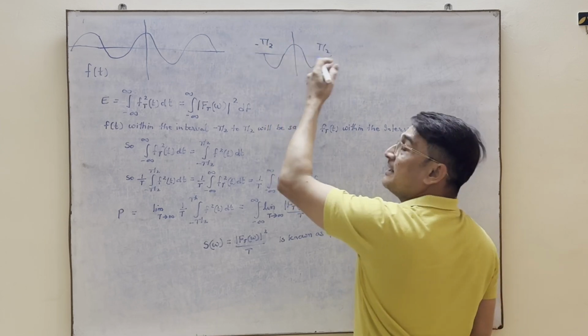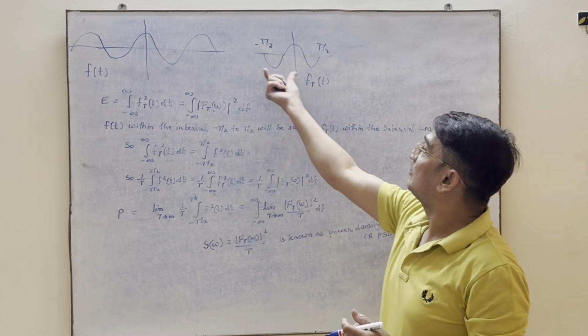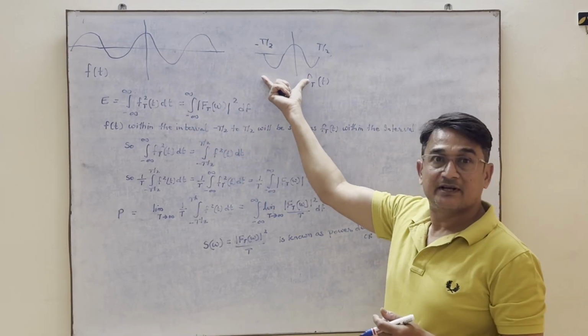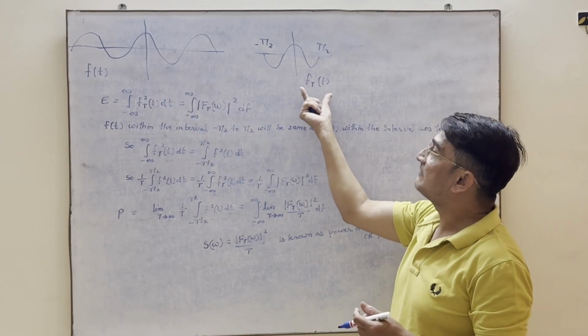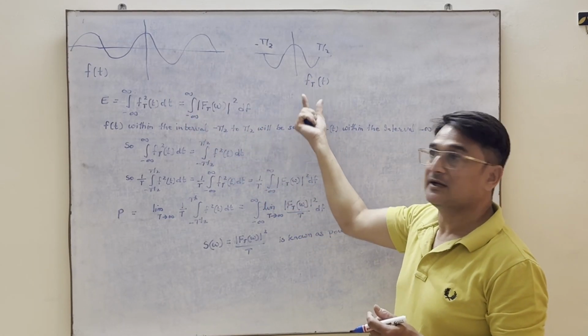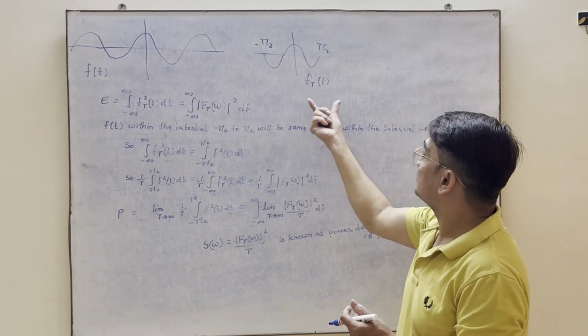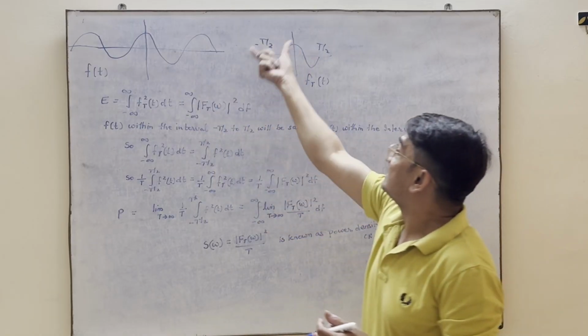So this is a finite duration sequence. So we have truncated this infinite signal to a finite value. That is why we have denoted this signal as f_T, f truncated T, or truncated ft signal. So now this is a finite signal.